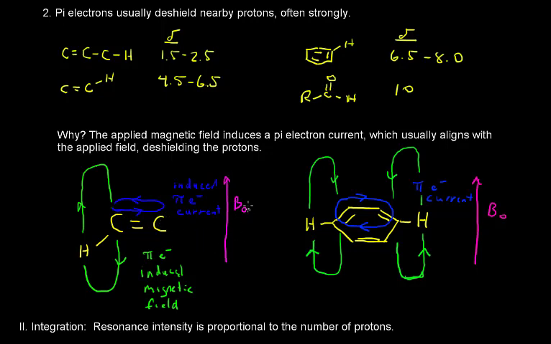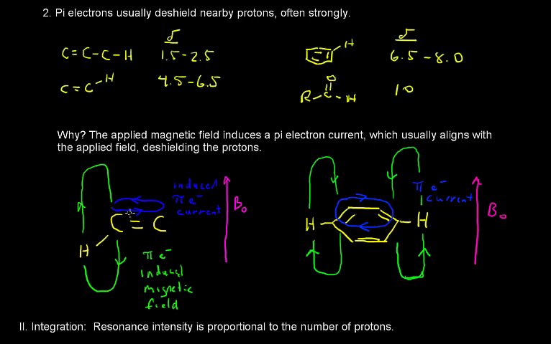The applied magnetic field from the spectrometer, B0 again, we saw in the previous video that an applied field can induce a current in a coil. This applied field induces a current in our pi electrons, so the little orbitals containing the pi electrons act like a wire. The applied field causes the pi electrons to circulate.